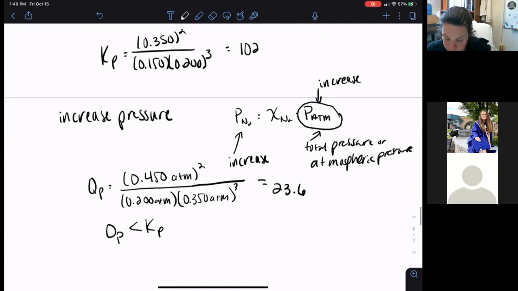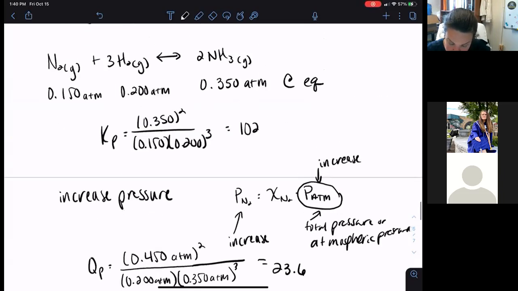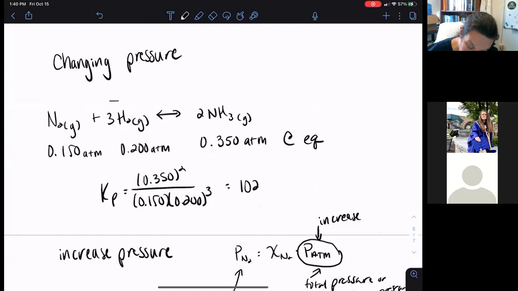So we would need to shift towards our products in order to get reestablished equilibrium. So what has happened is we are shifting away from the side with the greater number of gas moles by increasing our pressure or decreasing our volume.